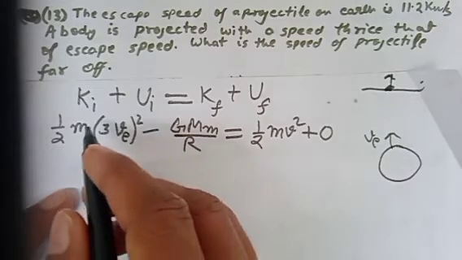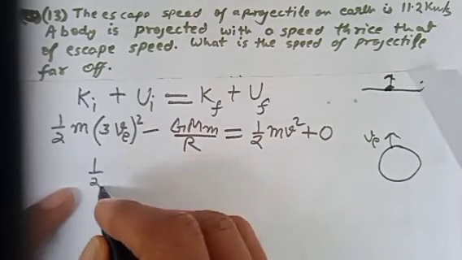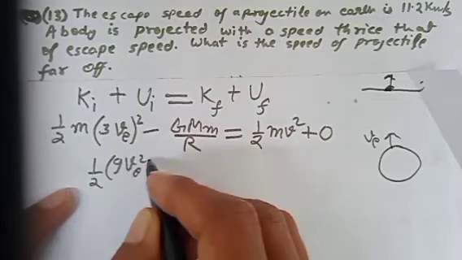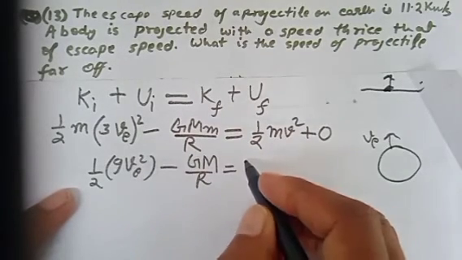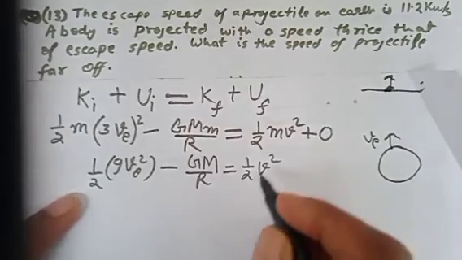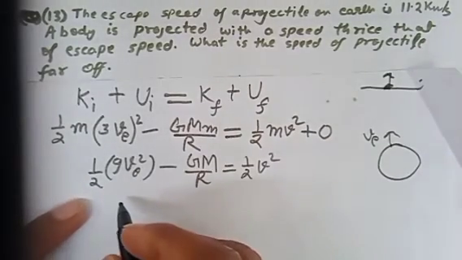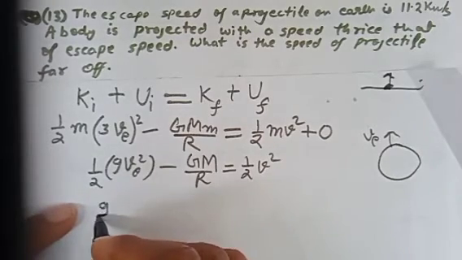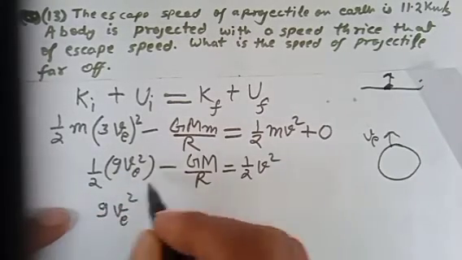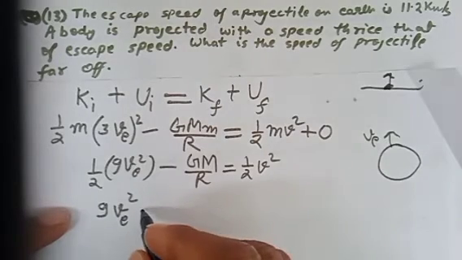So next step, just cancelling m, 1 by 2 into 9 VE square minus GM upon r equal to half v square. This 1 by 2 is also not looking fine, so I'm multiplying the entire equation by 2. Many teachers say that you have to write this thing multiplying this.